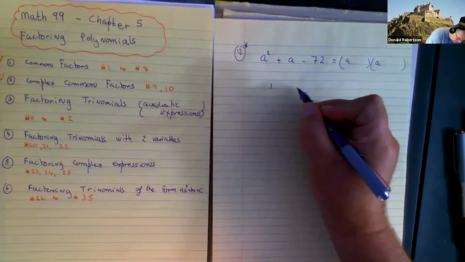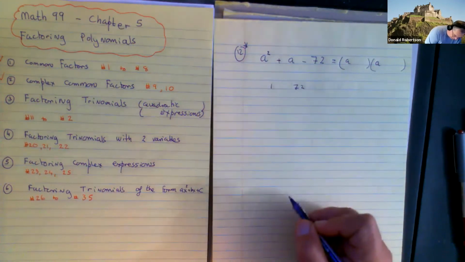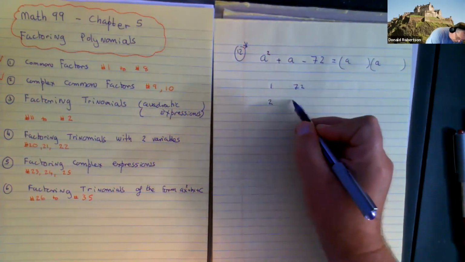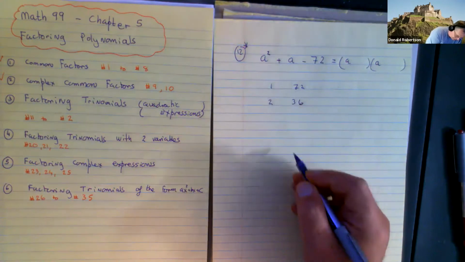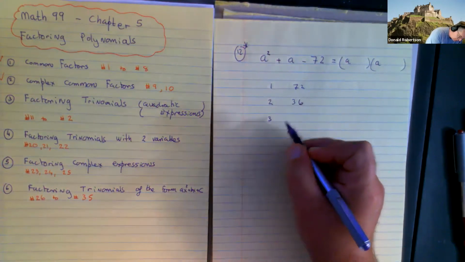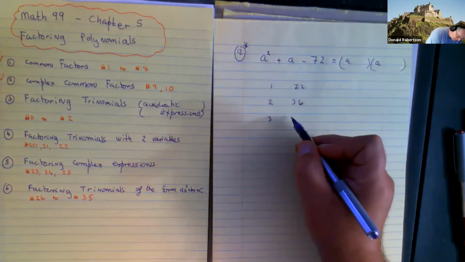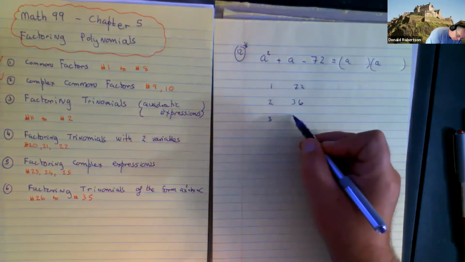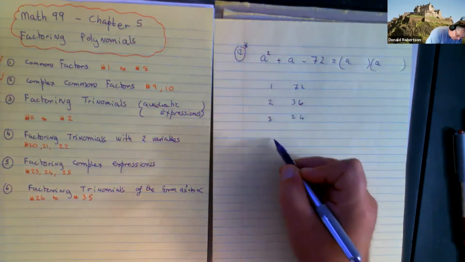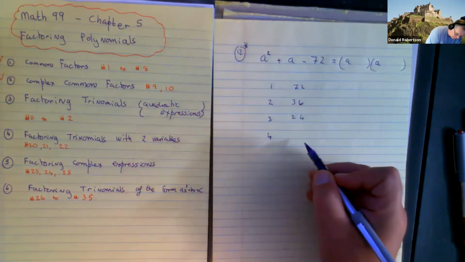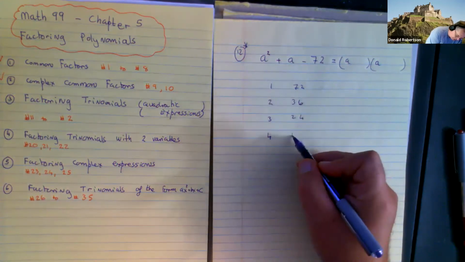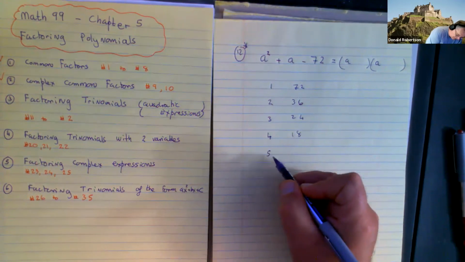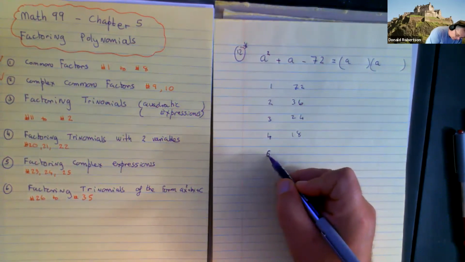So if you think about it, I could do 1 and 72. Then I could do 2 with the, what would that be? 36. Then I could do 3. Can I do 3? Yeah, 3 times 24. And then I could do 4 times, what could I do? 4 times 18. I could do 5. No, 5 doesn't work. Could I do 6?